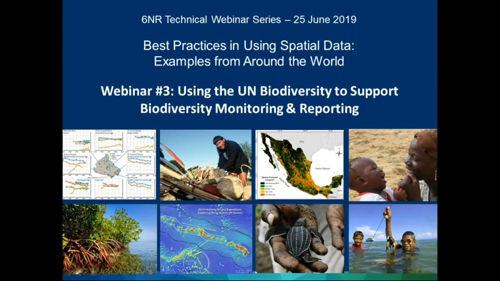We can use spatial data and maps to compare, for example, the change between 2014 and 2018, and this can be shown in the maps. We don't have enough data to show that in the 6th national report.